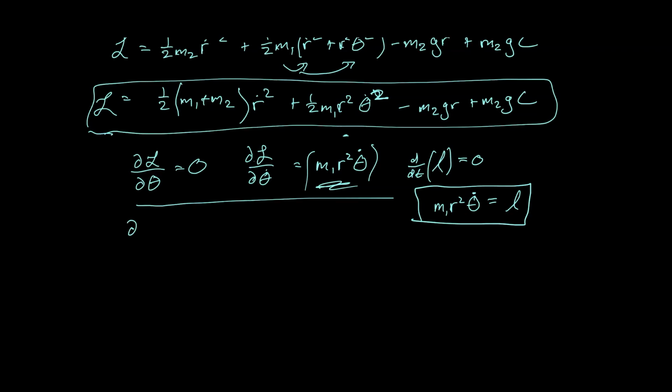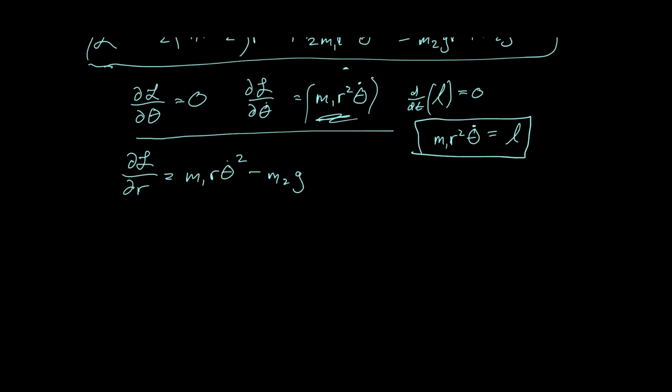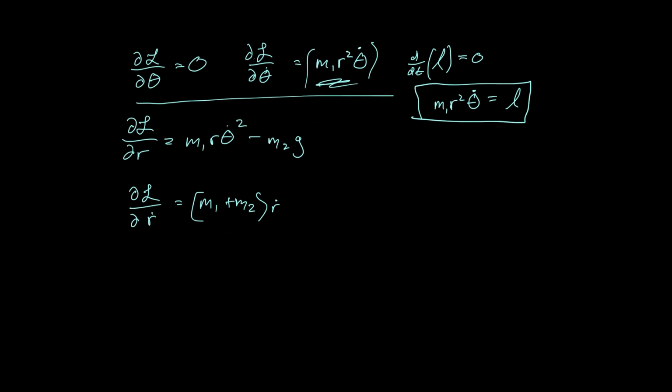So we'll do this with respect to r. This is going to be m1 r theta dot squared minus m2g. And then del L with respect to r dot is just (m1 plus m2) r dot. You can write this as capital M if you want total mass, but it doesn't matter. We'll just keep them separate.